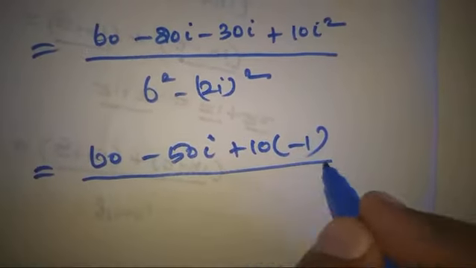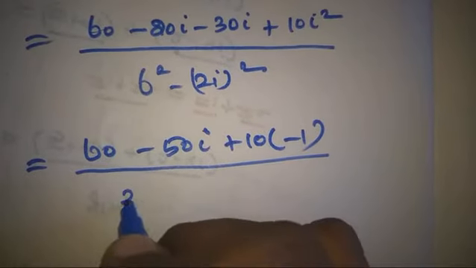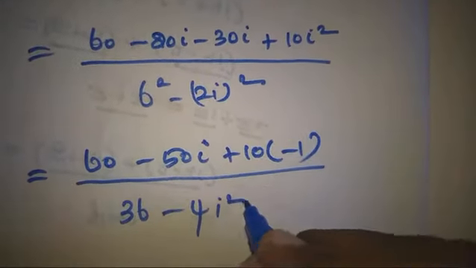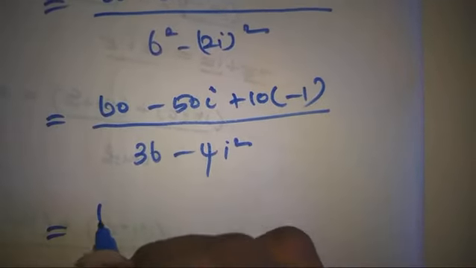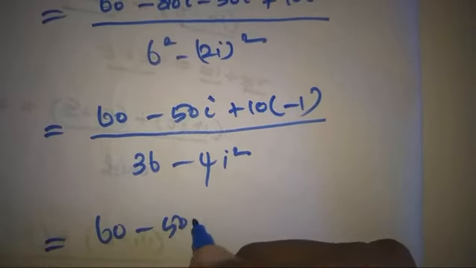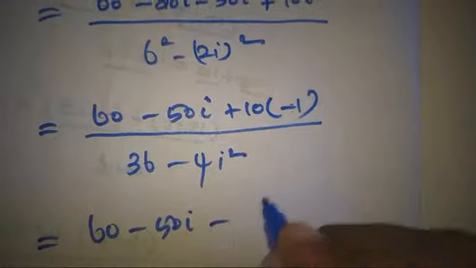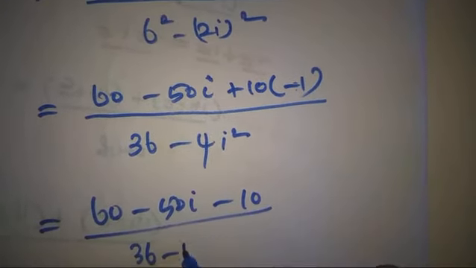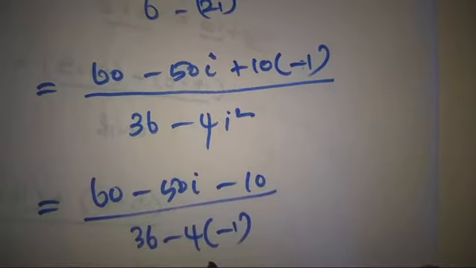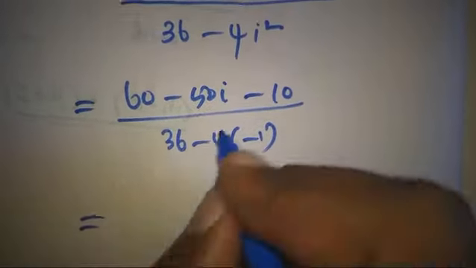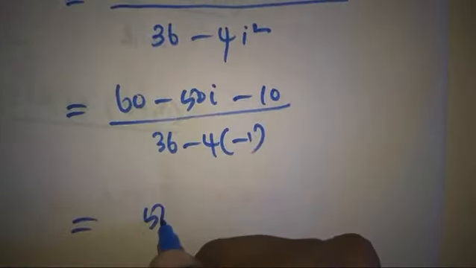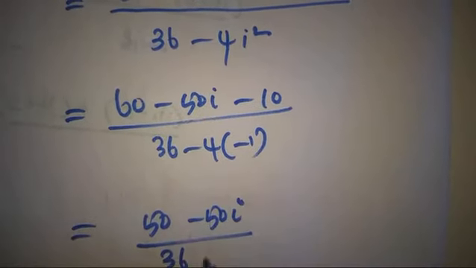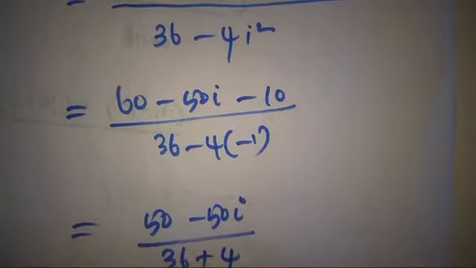So overall divided by 6 square value 36 minus 2 square value 4 into i square. The next one, 60 minus 50i plus into minus, minus 10 into 1, 10 by 36 minus 4 into i square value minus 1. The next 60 minus 10, 50 minus 50i by 36 minus into minus plus 4.